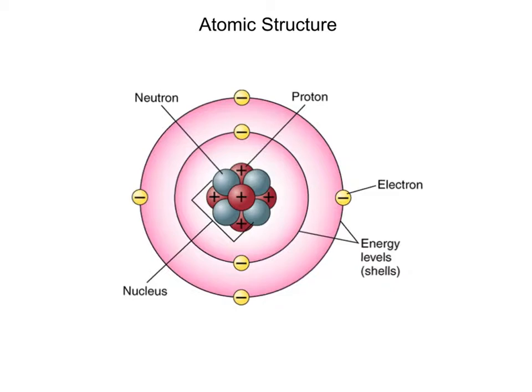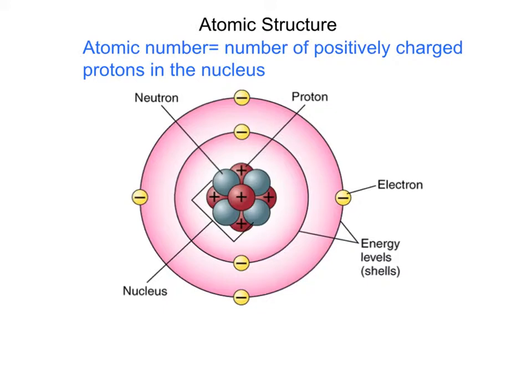Now, each element has a different number of protons in its nucleus. So what identifies an element is basically the number of protons in its nucleus, and that is referred to as the atomic number. The atomic number is the number of protons, positively charged particles in the nucleus of an atom.